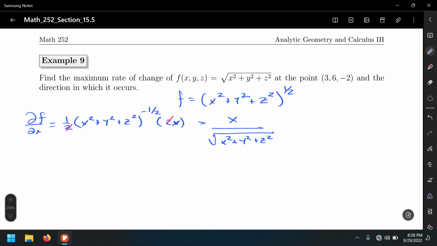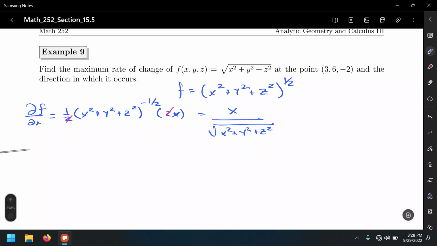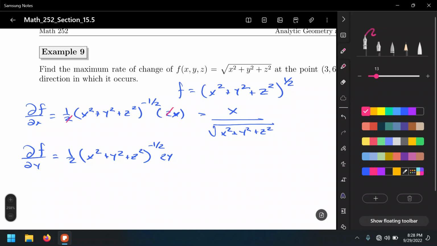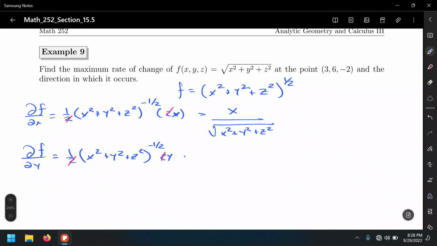For the partial derivative with respect to y, this will be, again, 1/2 times (x squared plus y squared plus z squared) to the negative 1/2. But in this case, by chain rule, we will differentiate the inside with respect to y. Isn't that going to be 2y? And see how it's actually going to be pretty much the same as before, but in this case with a y at the top.